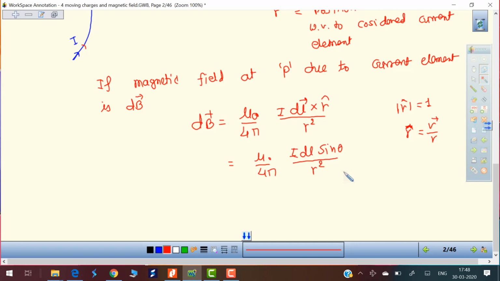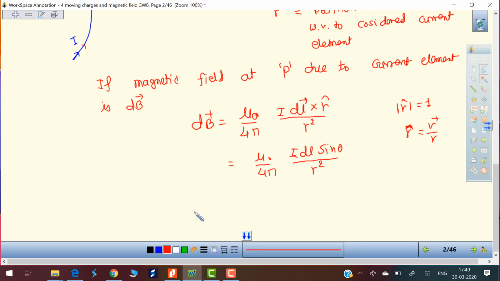In Coulomb's law also you know that k q1 q2 upon r square. Coulomb's law is a little bit simpler because it is just a product of two scalars q1 and q2, here it is a product of two vectors. So the Biot-Savart law is a little bit difficult to handle compared to Coulomb's law, but it is not that difficult, it is very easy. So this is dB because of that small element.